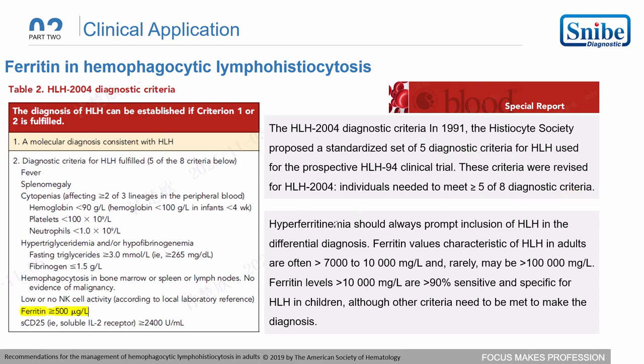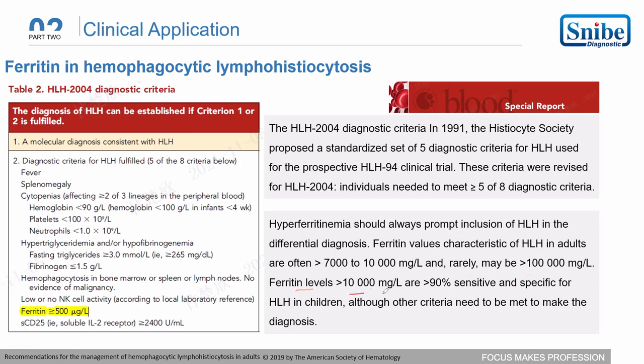So hyperferritinemia should always prompt inclusion of HLH in the differential diagnosis. Further characterization of HLH in adults shows ferritin between 7,000 and 10,000 mg per liter, and it may reach 100,000 mg per liter.